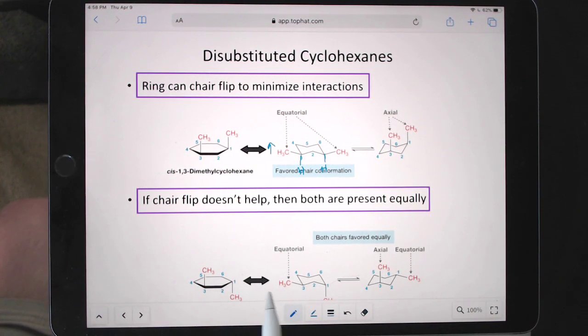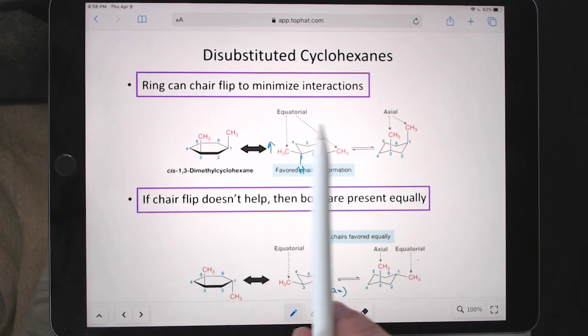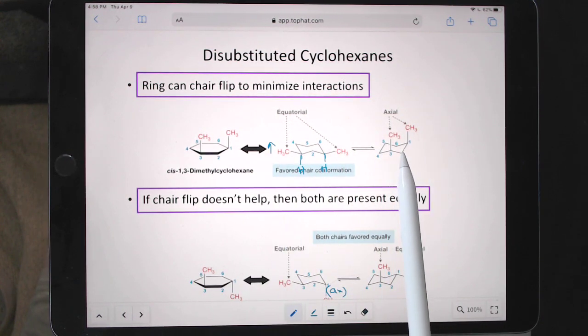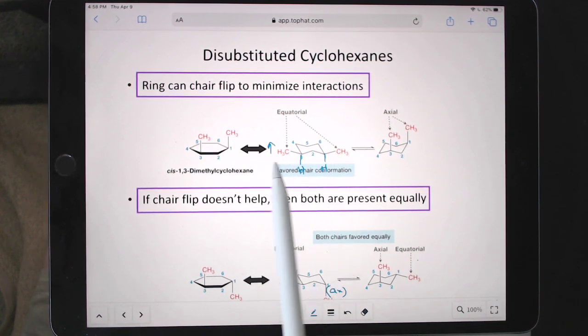If instead you had the trans version, now you've got an equatorial and an axial. This is axial. If you do the chair flip, you have one axial, one equatorial. So in both of these cases, you have one of those methyl groups be equatorial. So energetically, there's no difference between the two. So it's going to spend its time 50-50 here. Here you have two equatorial, here you don't have any. So it's going to spend all its time in this form here because it's more stable.